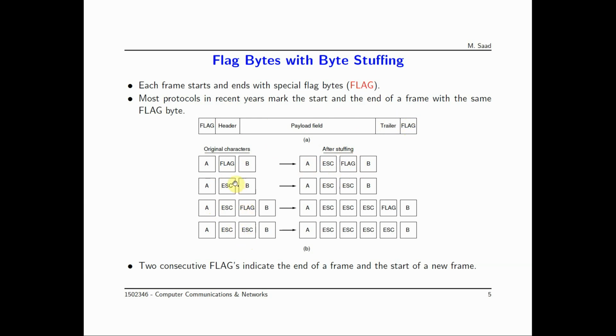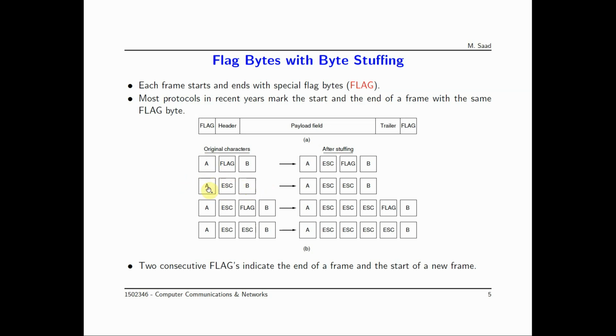Now, you may ask me, what happens if the data contains an escape? By chance, by coincidence, it contains an escape character. So the frame the sender wants to send contains character A, character escape, character B. To send this frame, we have a flag at the beginning and a flag at the end, always.